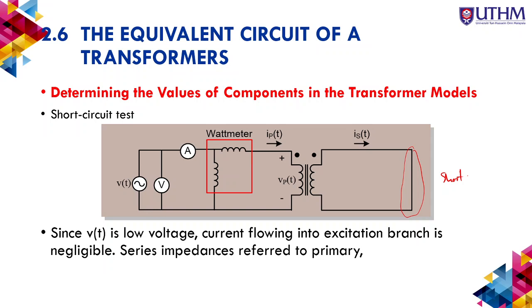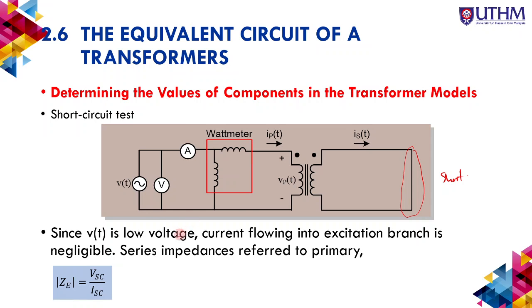So kita boleh ignore current yang melalui excitation branch. So excitation current we can assume is equal to 0. Okay, so then we just take note or calculate only at the RP and XP, or their equivalent, the series impedance only.